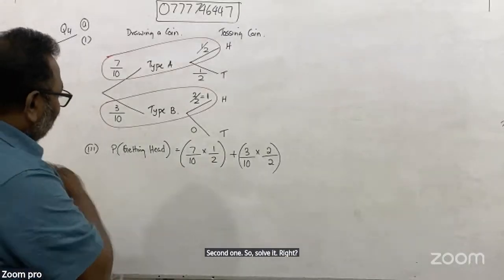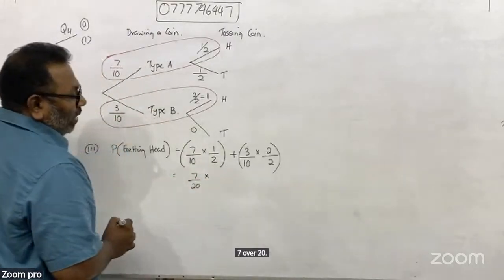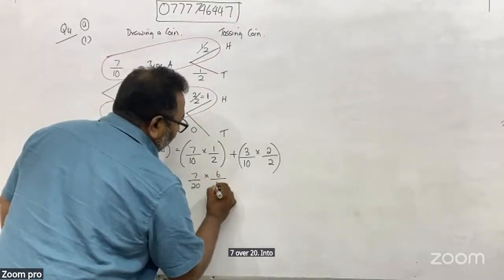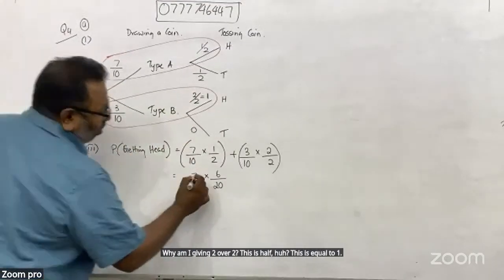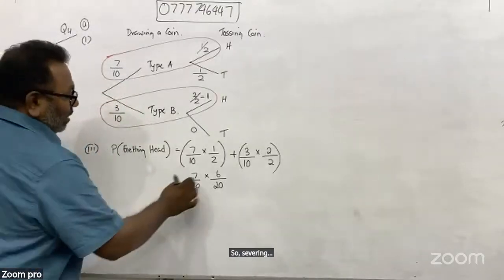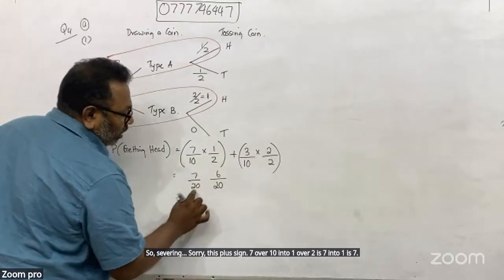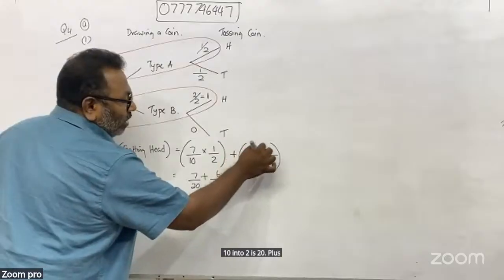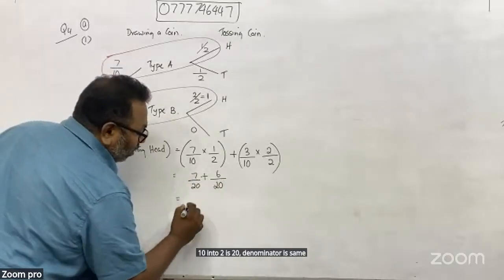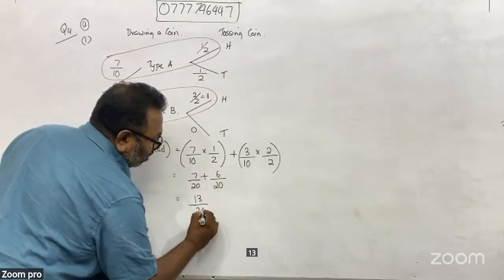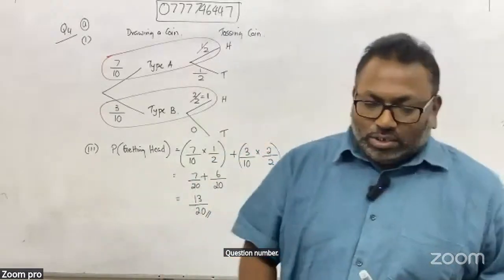Why am I giving 2 over 2? This is half, and this is equal to 1. So 7 over 10 into 1 over 2 is 7 into 1 is 7, 10 into 2 is 20. Plus 3 into 2 is 6, 10 into 2 is 20. Denominator same. At the numerator, 13 over 20 is your answer for question number 3.